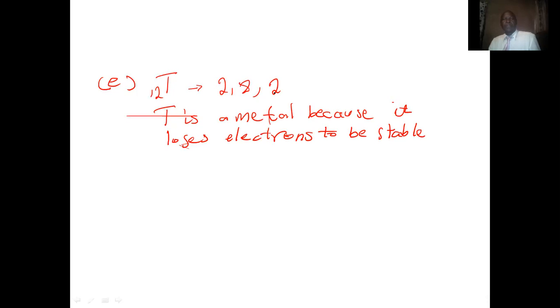So it will lose these 2 electrons. It is easier for it to lose 2 electrons than to gain 6 more to make them 8.